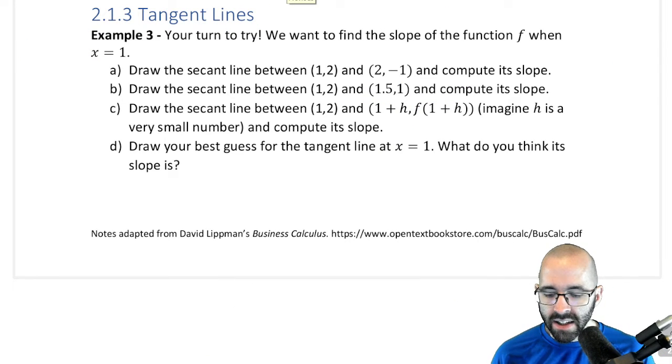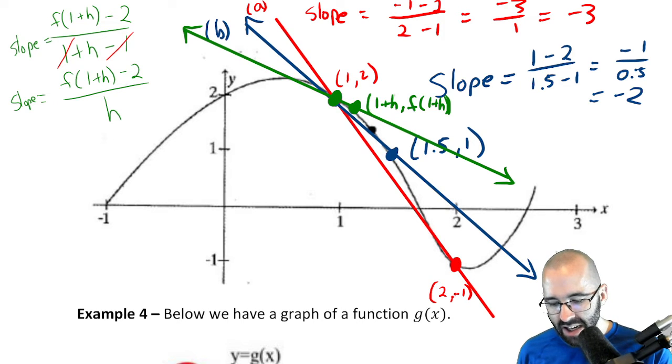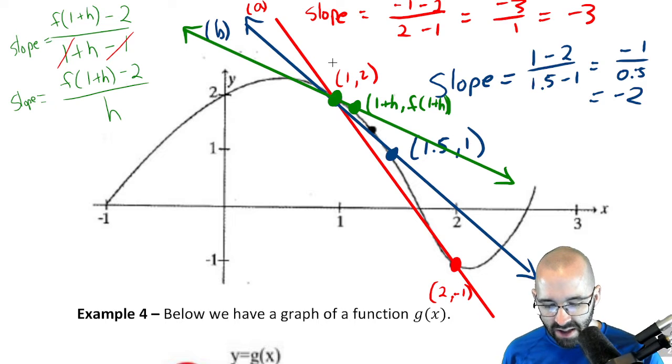All right, letter D says, draw your best guess for the tangent line. What do you think its slope is? I probably should have given you another picture because we're really just writing on top of ourselves now. But the idea is that the tangent line should be something that kind of bounces off the function here. Kind of hard to draw it here. This is the idea.